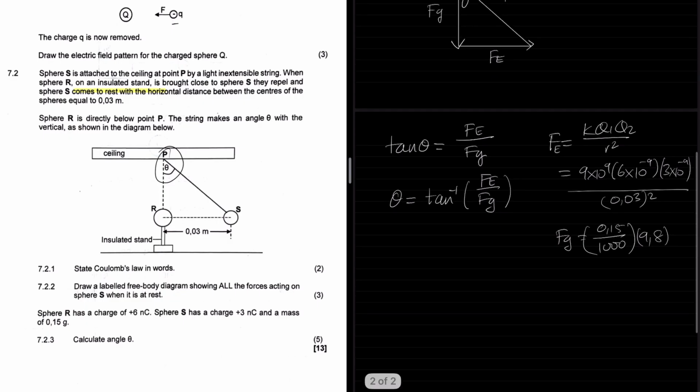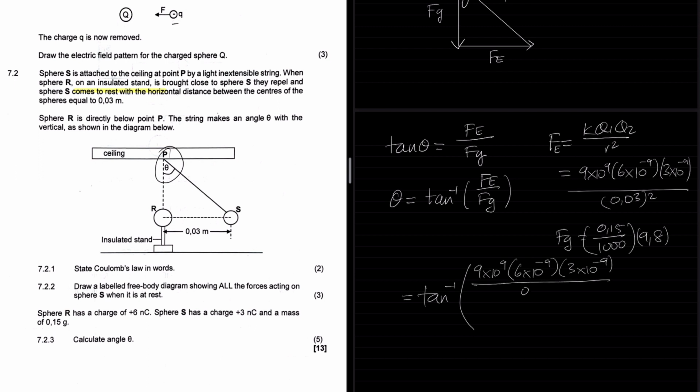Now you can work it out separately if you want and then substitute it back. But if you want the most accurate answer, you can include the whole thing. So 9 times 10 to the 9, times 6 times 10 to the minus 9, times 3 times 10 to the minus 9, divided by 0.03 all squared.